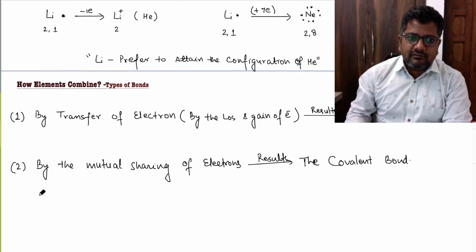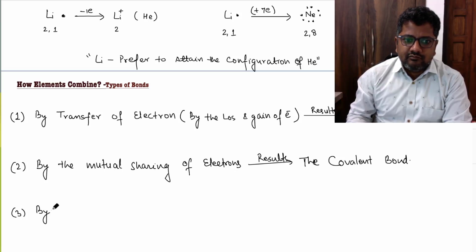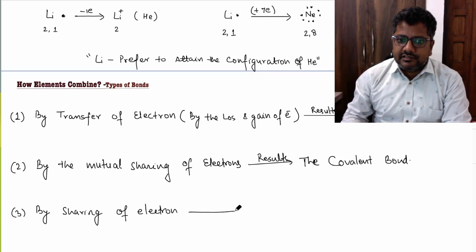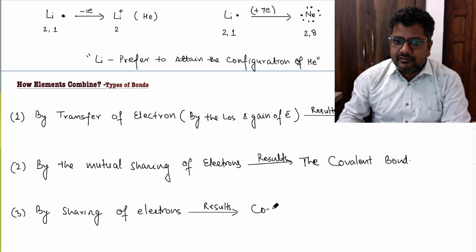And the third one is by sharing of electron, and this will result in the coordinate bond or dative bond.